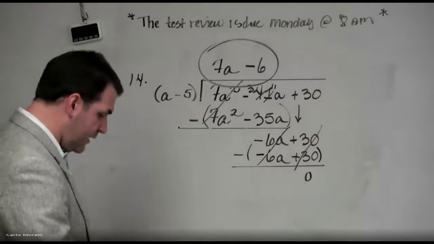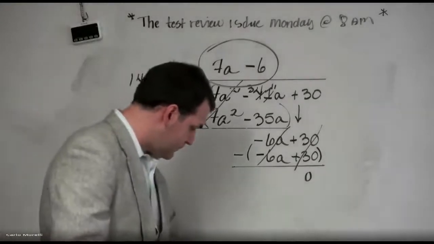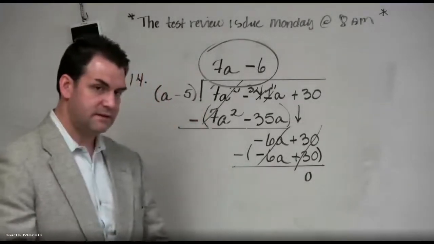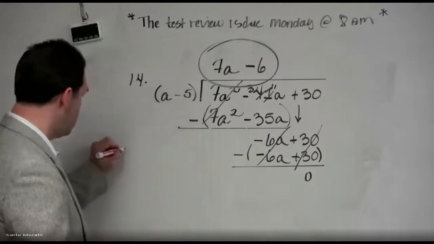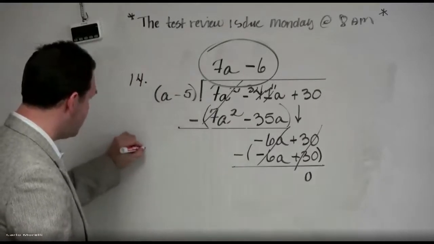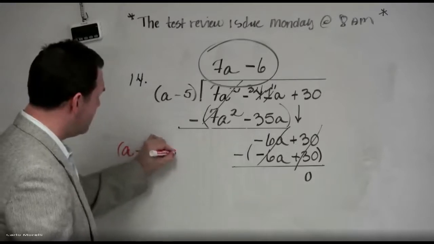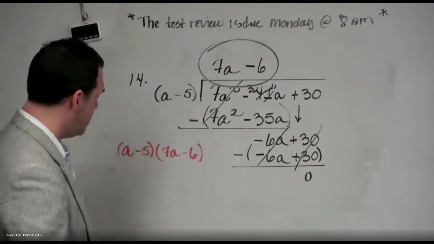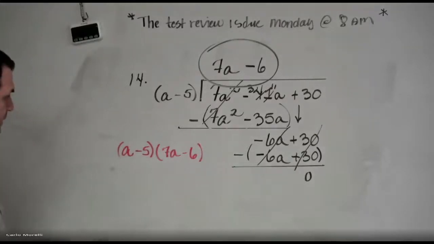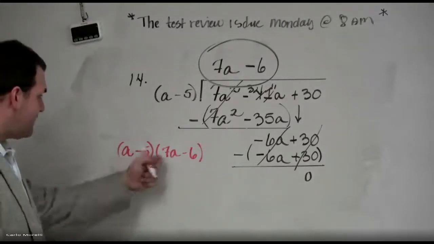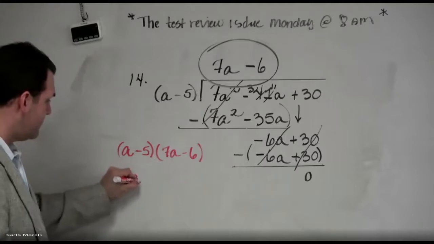And because we are winners and we never quit, we are going to check our work. I don't know why this is always the boring part, because you feel like you already did it. But if you don't check your work, this is where little mistakes can creep in. First, outer, inner, last. A times 7a is 7a squared.